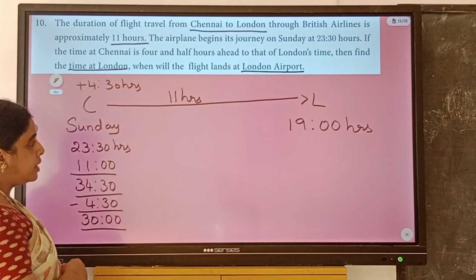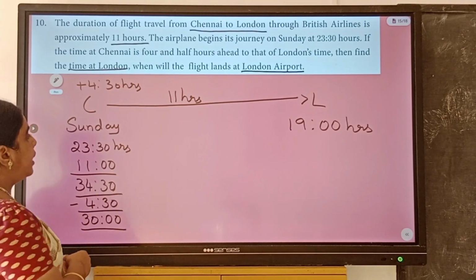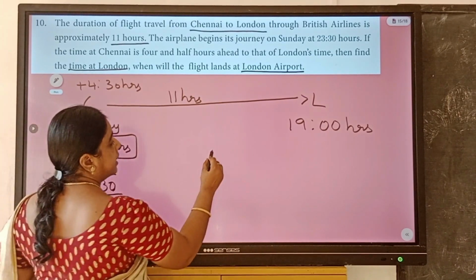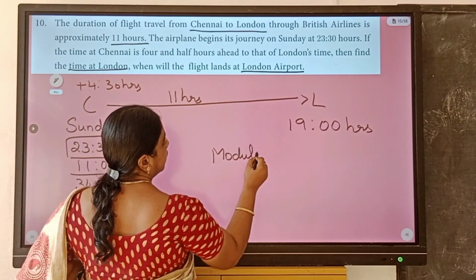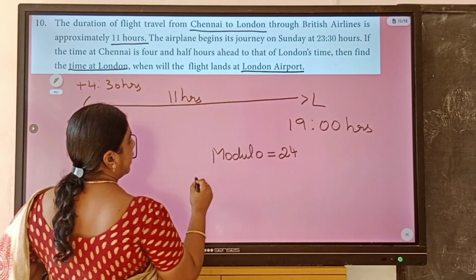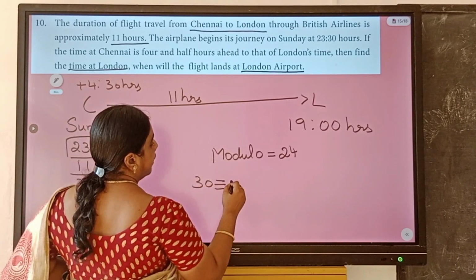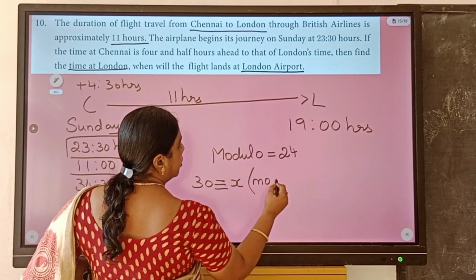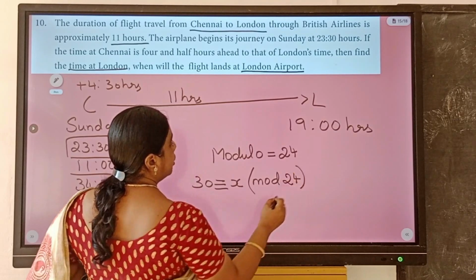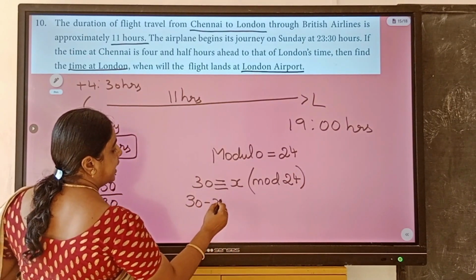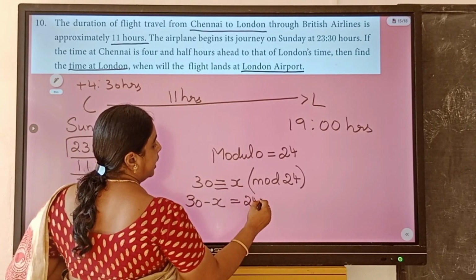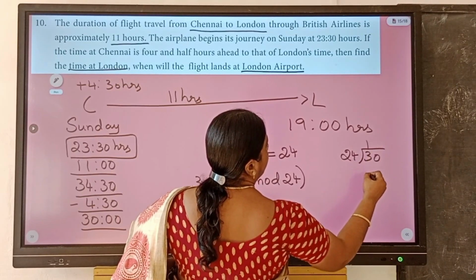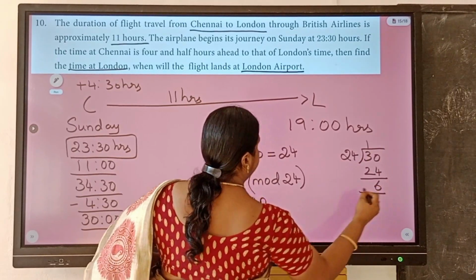So 30 hours after this we are going to find out, and the time calculation over here is modulo 24 hours. So the modulo over here is 24. Then 30 minus x is some multiple of 24. When I divide 30 by 24, once is 24, your remainder is 6.